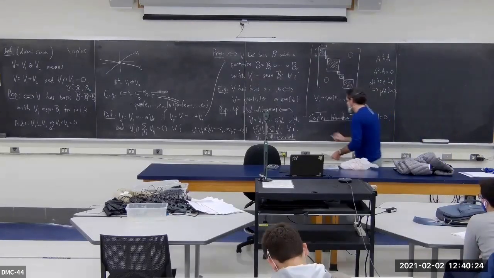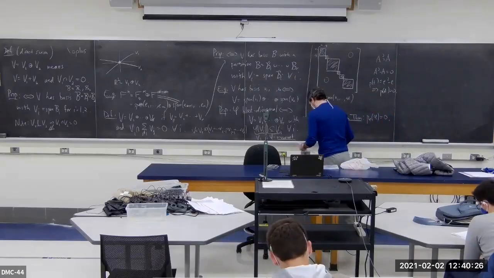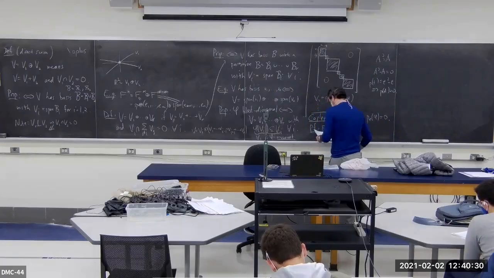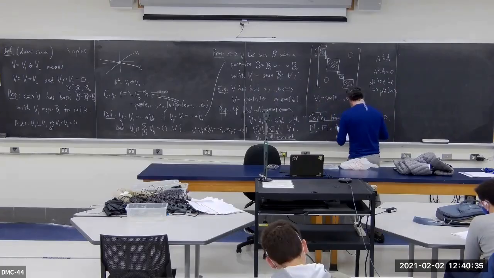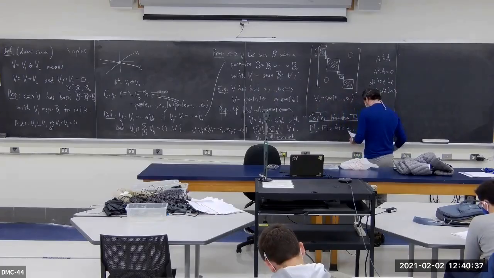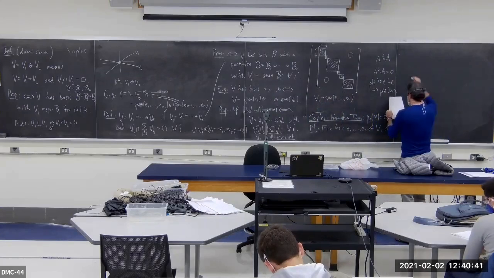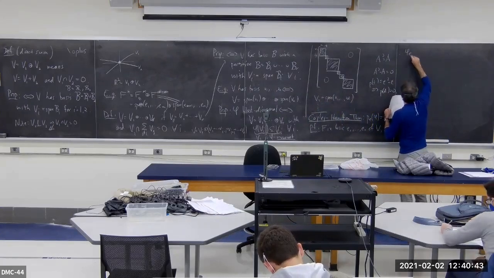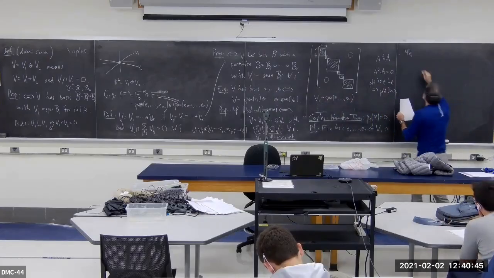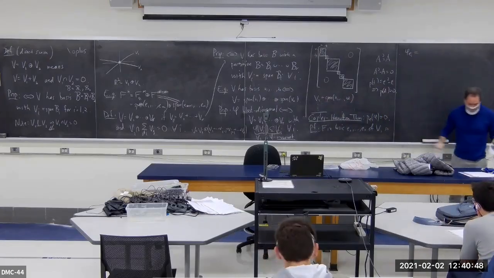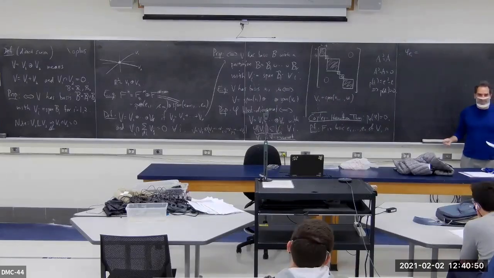So, proof. Let's fix a basis, and let's call it E1 up through En of V, so that phi, when you apply it to the ith basis vector, well, what's that going to be? It's going to be some linear combination of the basis vectors. We're going back to the very first days of 221 when we wrote down matrices.